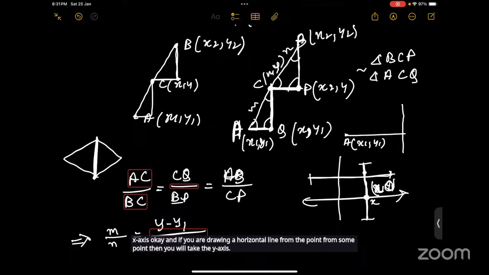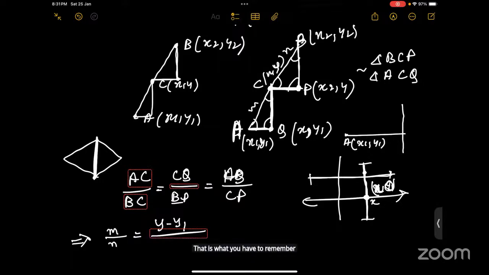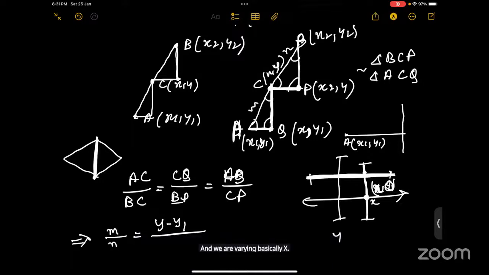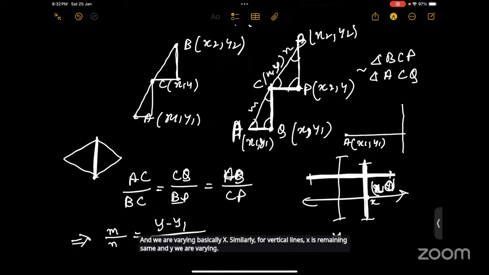That is what you have to remember. In the Cartesian coordinate system, if I draw a horizontal line, that means y is remaining the same and we are varying x. Similarly, for vertical lines, x is remaining the same and we are varying y.